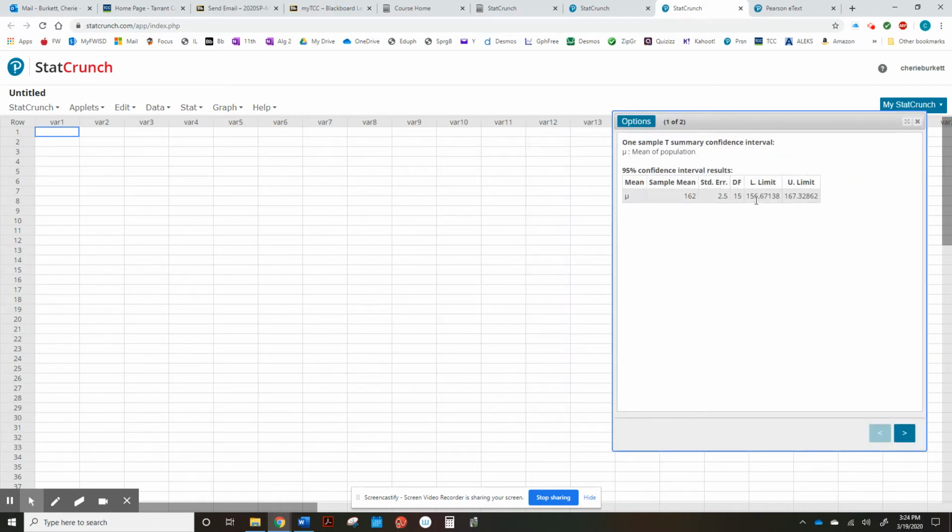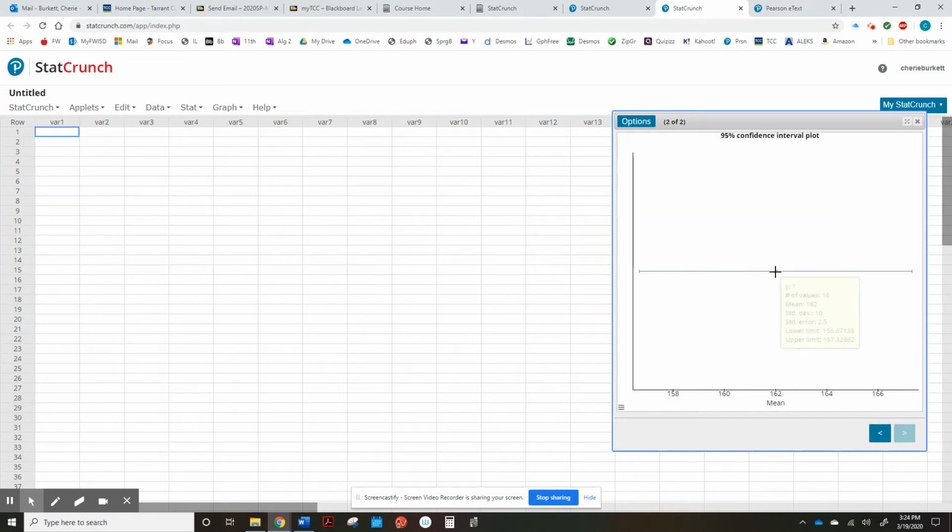And it does the same thing as last time. It gives us the lower limit and the upper limit. And we see here's our sample mean, 162 degrees. The low end over here is 156.6 degrees, and the upper end is 167. So that's what we have to write in our answer over here.